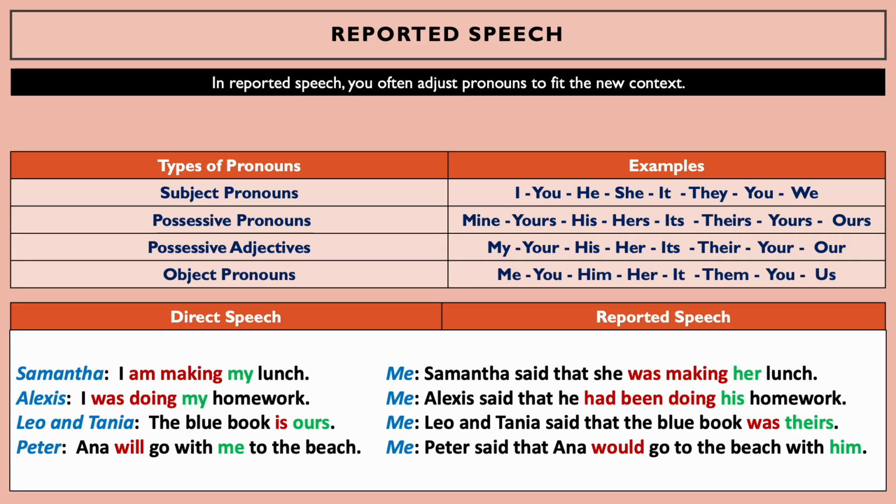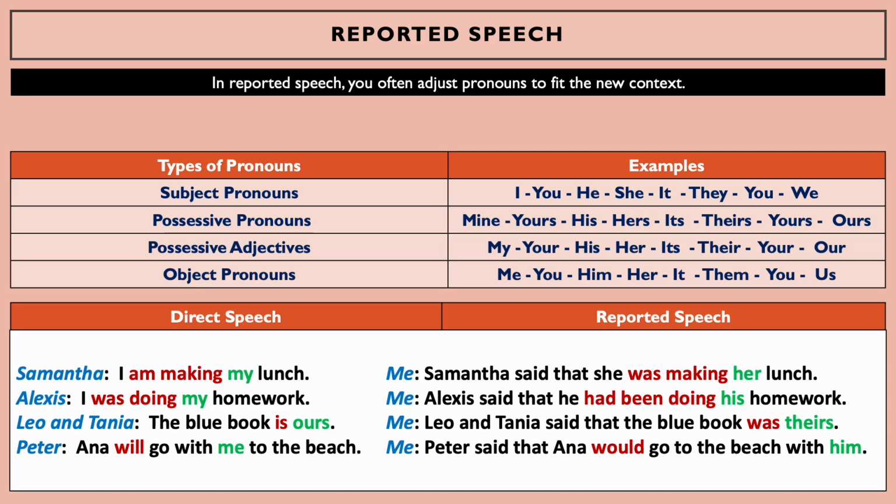Here you have the subject pronouns: I, you, he, she, it, they, you, we. The possessive pronouns: mine, yours, his, hers, its, theirs, yours, and ours.